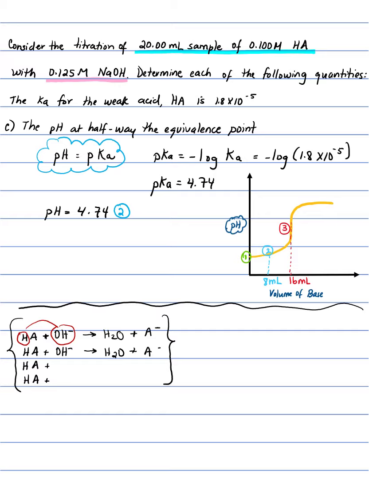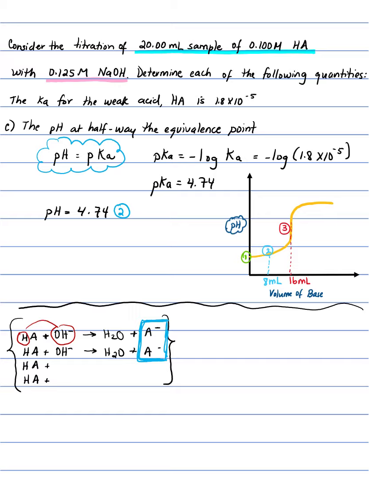So you can actually see that you have 2 moles of the conjugate base right there, because out of your total number of 4, you're neutralizing 2 of them. So you're forming 2 moles of the conjugate base, because for every mole of the acid that you neutralize, you're getting 1 mole of the conjugate base.